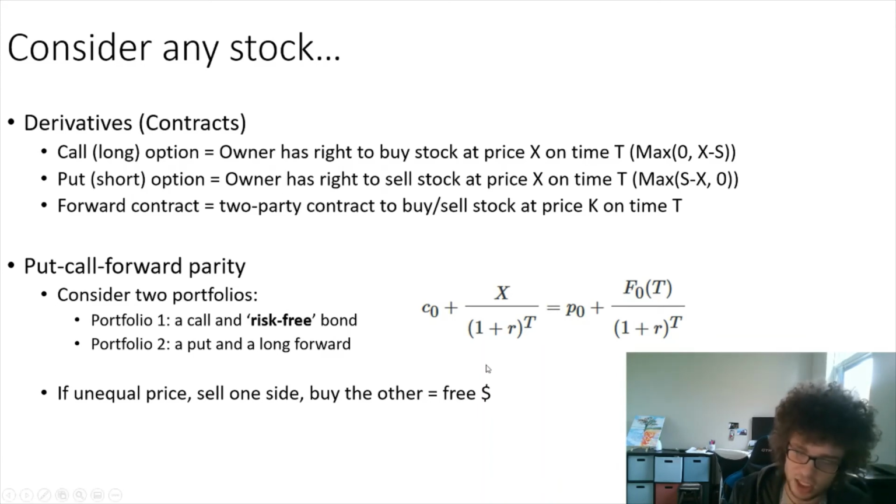With these commonly available instruments, we're able to identify that a portfolio of the call plus a bond, and a put plus a long forward, must equal each other. If they don't, there's free money in the market. You can just buy one side of this and sell the other side.